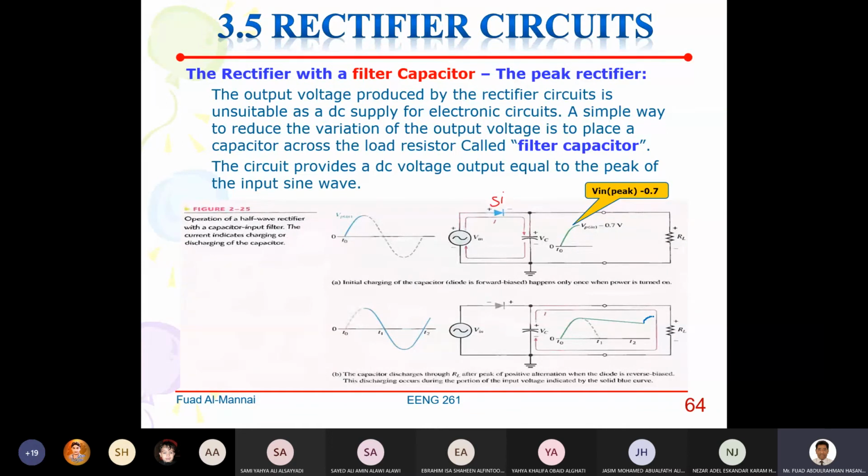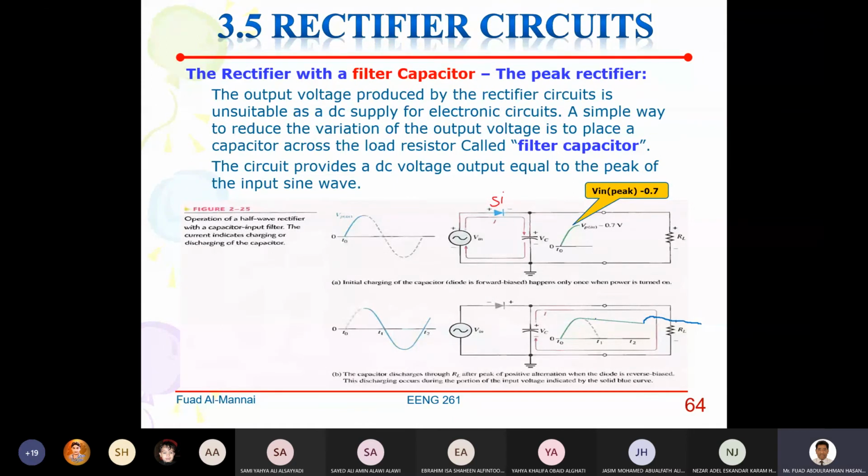The capacitor will charge, and then as the input goes down, the capacitor will discharge slowly. So the output will be like this. It will have a ripple. They call this a ripple. It will not be as bad as before without a capacitor. It will be much better, almost straight, except it has a ripple.